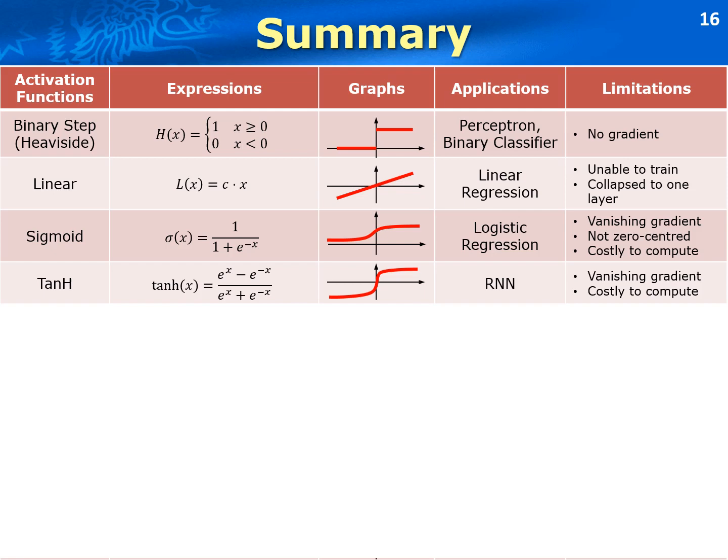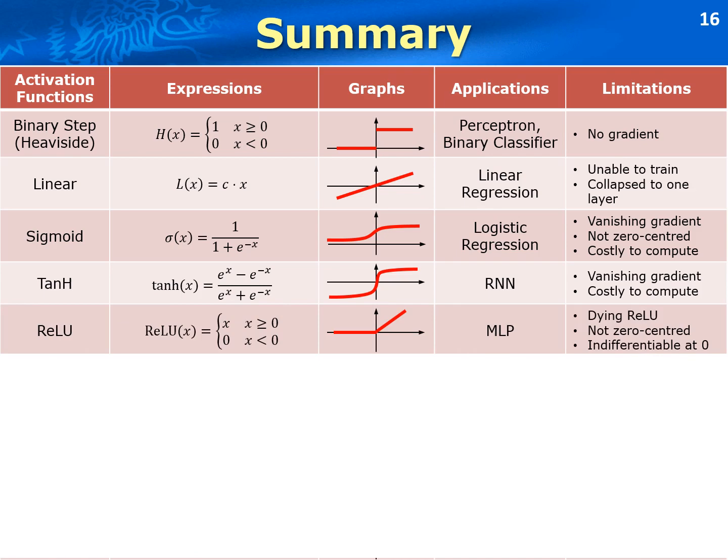Tanh is zero-centered and is often used in recurrent neural networks. However, its computation is rather costly as well. To reduce the computational cost, ReLU is introduced. It is a piecewise linear function. Due to its simplicity, ReLU is highly preferred in hidden layers for multilayer neural networks.